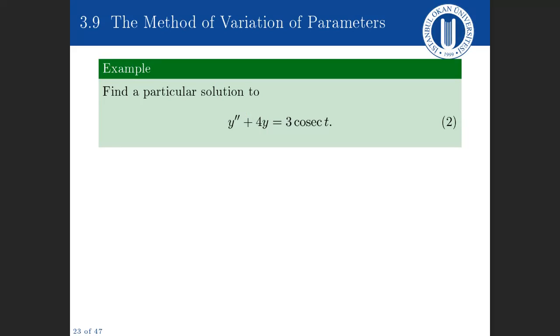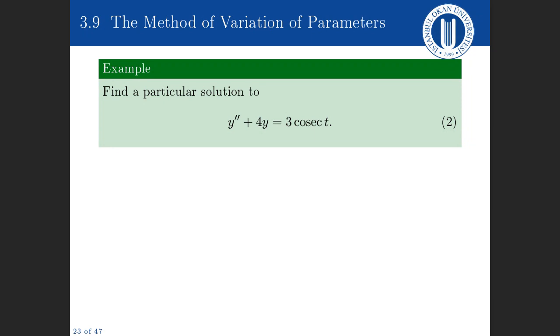For example, find a particular solution to y'' + 4y = 3 cosec t. Cosec, you might be familiar with writing csc. This is also a standard way to write it.